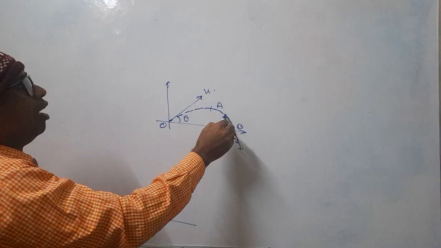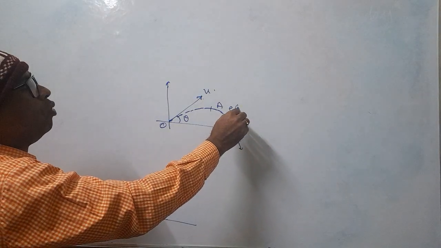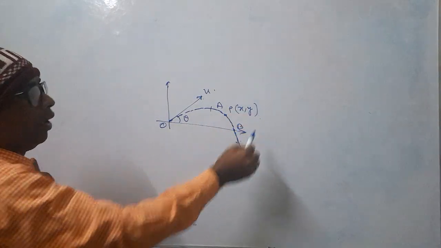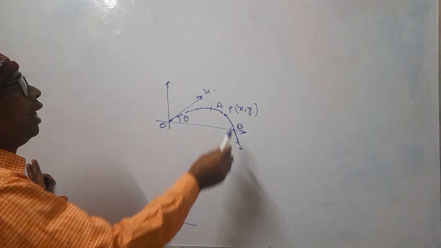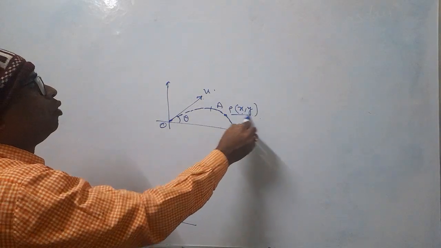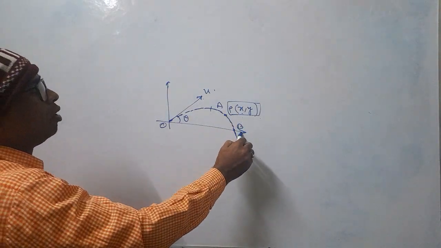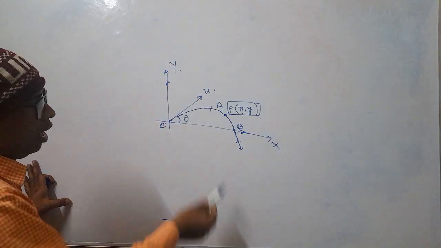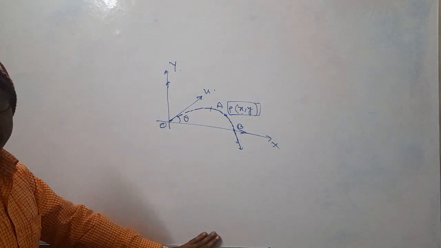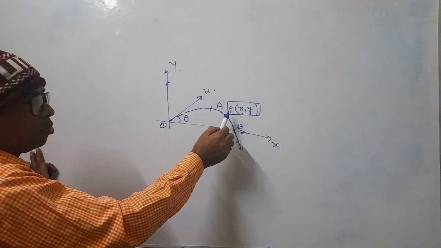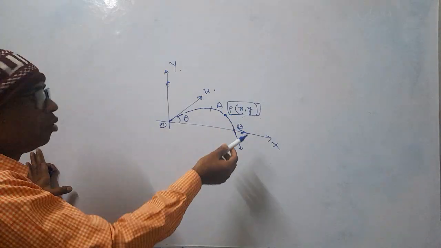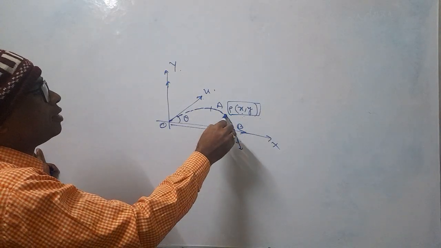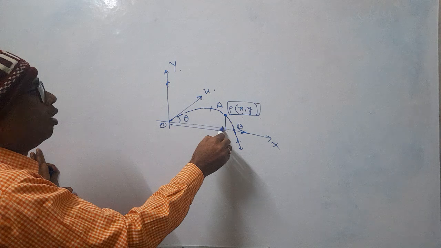Now take any point P whose coordinates are x comma y. Because this is the x-axis and this is the y-axis, x and y are the two coordinates we take. After t seconds, the particle reaches the point P, x comma y.